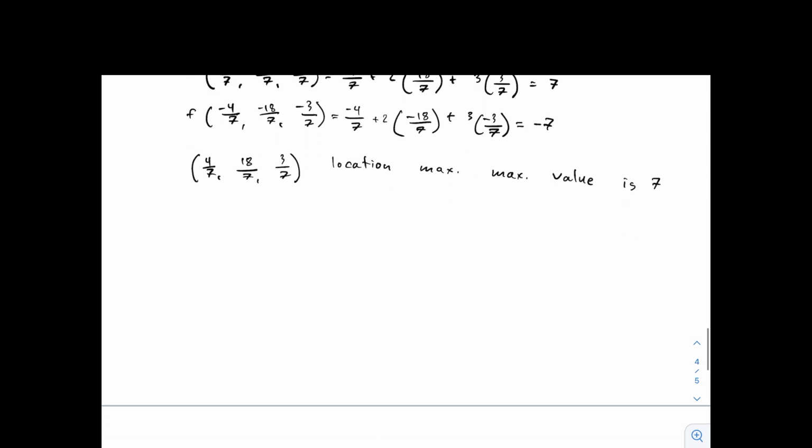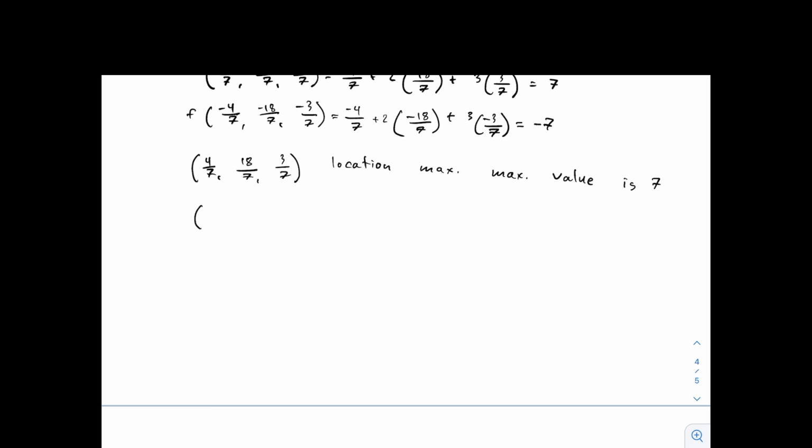And that tells us that this first point, 4 over 7, 18 over 7, 3 over 7, is the location of a maximum, and that the maximum value is 7.